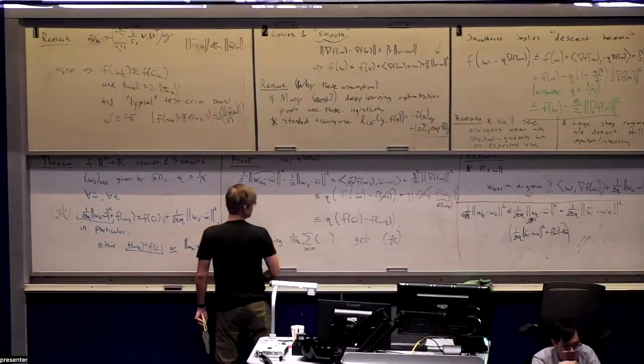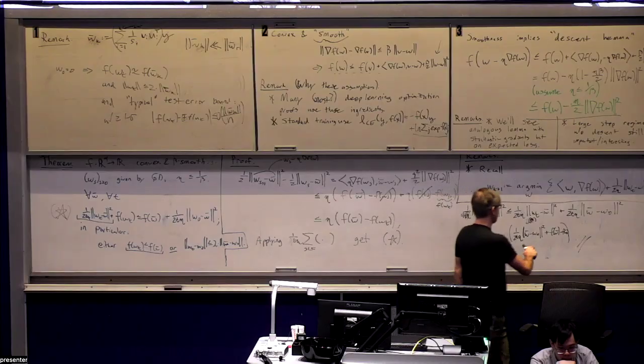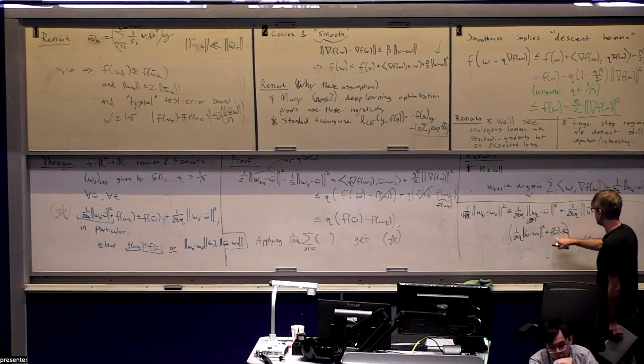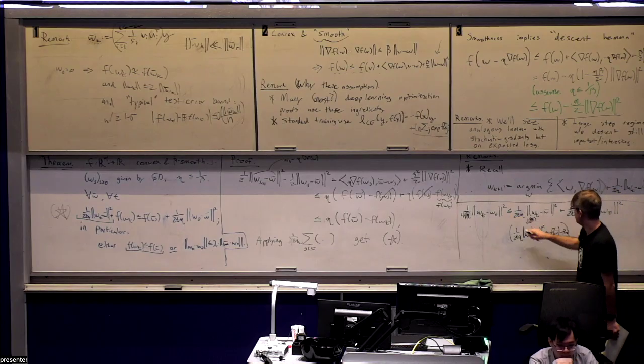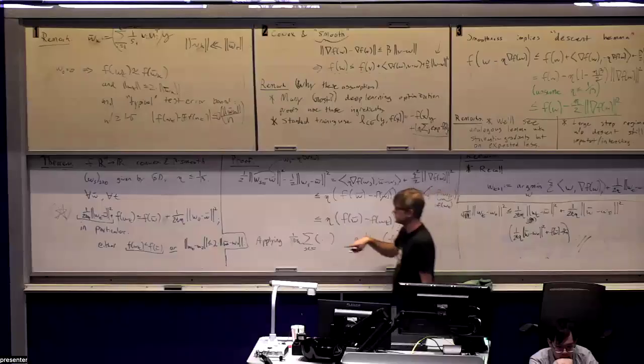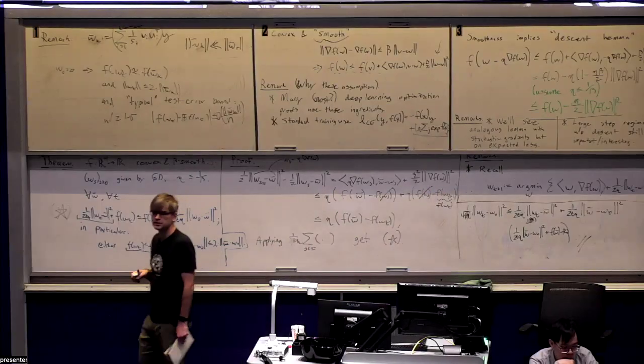In other words, if this quantity was larger than this quantity, we haven't optimized a lot yet, then we can just upper bound this by 0. So we have this less than or equal to this, and then we cancel a bunch of terms and square root both sides, and the 4 becomes a 2, and we get this.